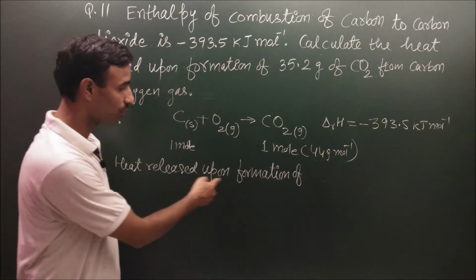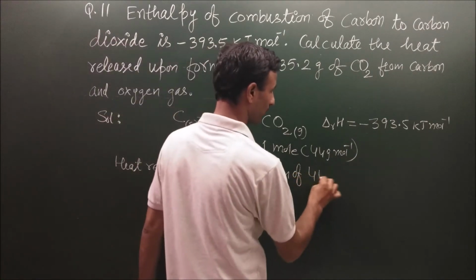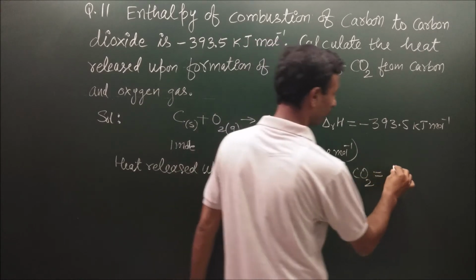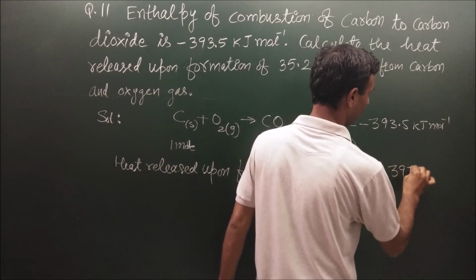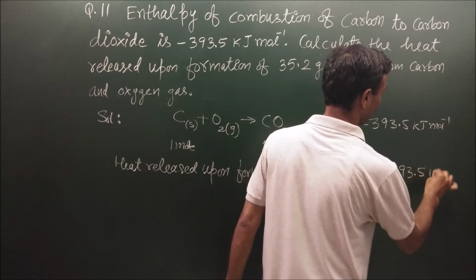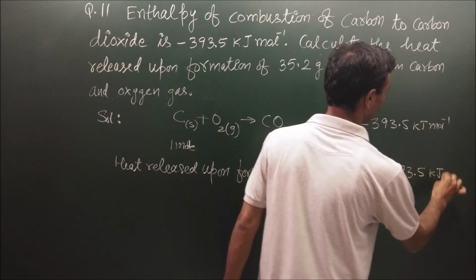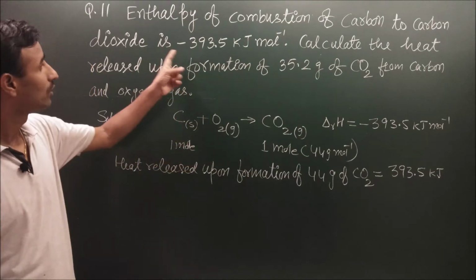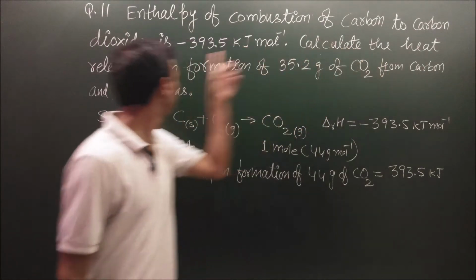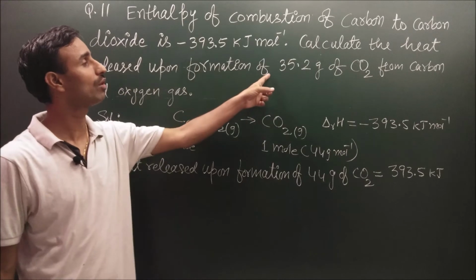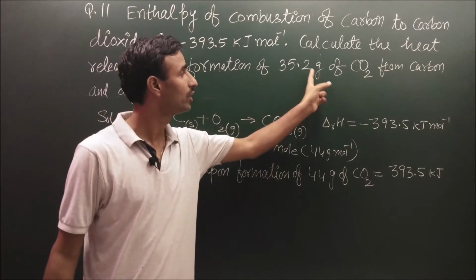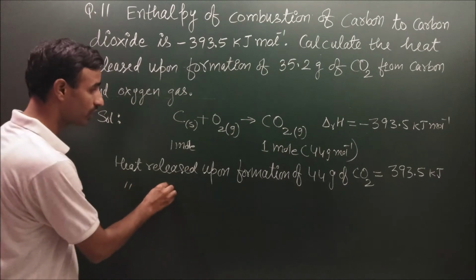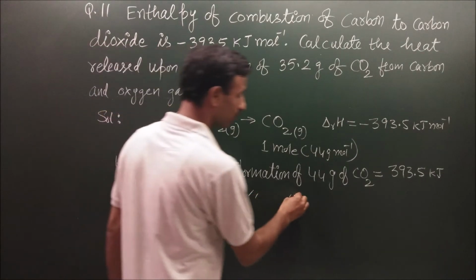So heat released upon formation of 44 gram of CO2 is equal to 393.5 kilojoule, right? But we need heat released upon formation of 35.2 gram of CO2.